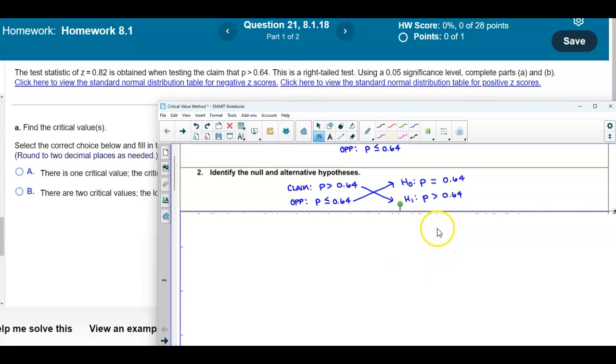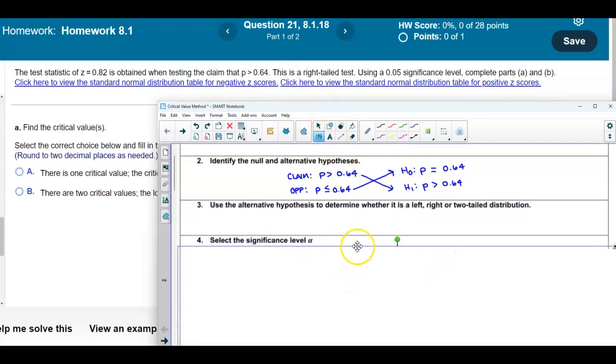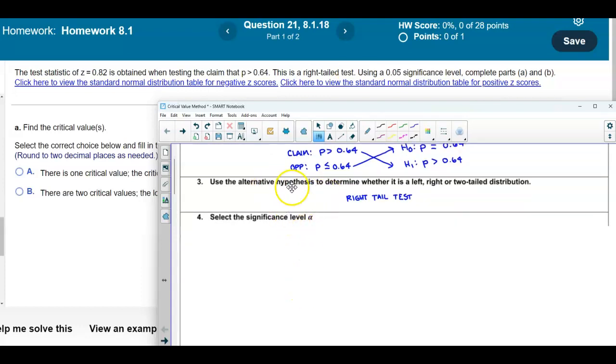And since it's greater than, we know it's going to be a right-tailed test. Again, we're using the alternative hypothesis to determine that.